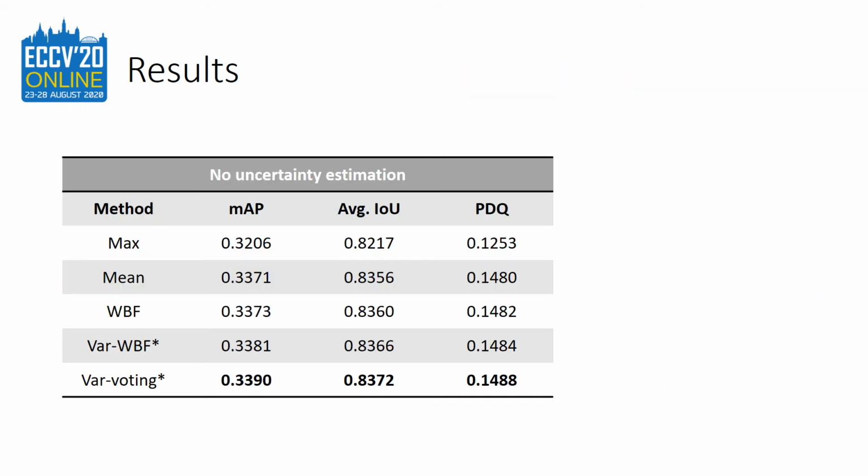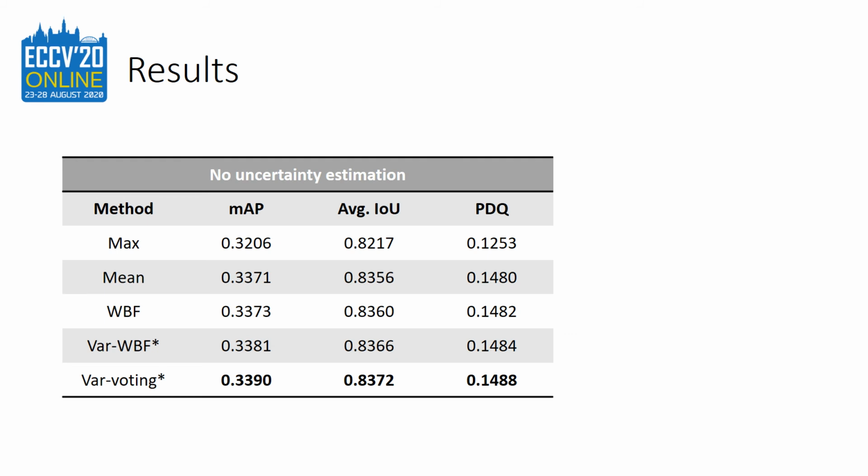Now, I'll present the results for all the methods described before for the efficient DAT ensembles. The YOLO results are also in the paper, but the behavior is similar and will not be presented here. In the table are the mAP, intersection over union, and PDQ scores without any uncertainty estimation. For the PDQ, 0 variance matrices were provided, as if the model is completely certain about its predictions.